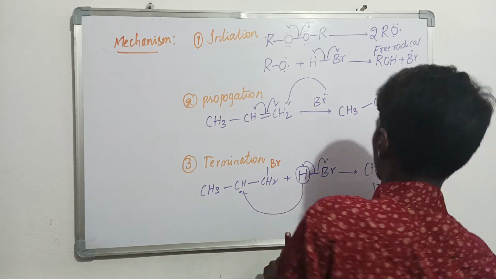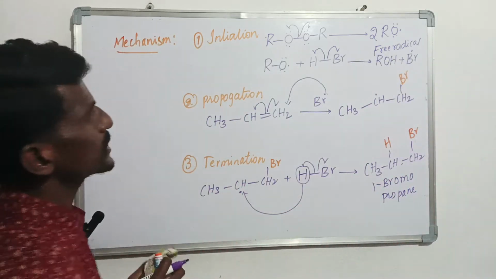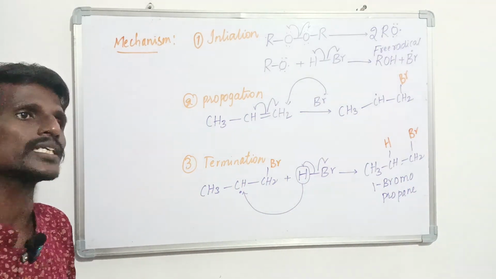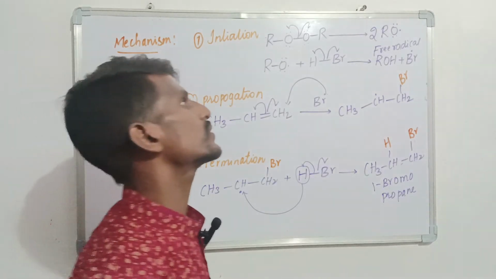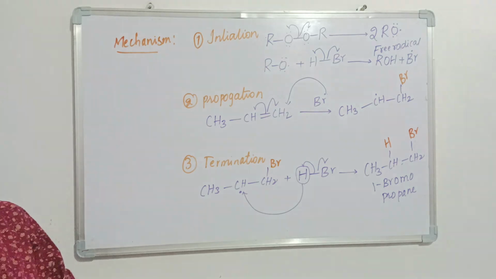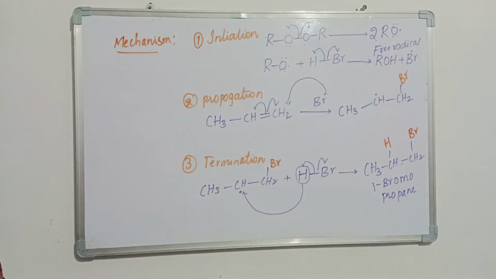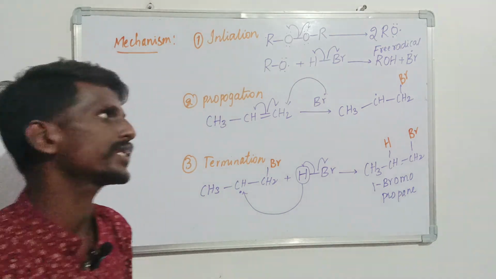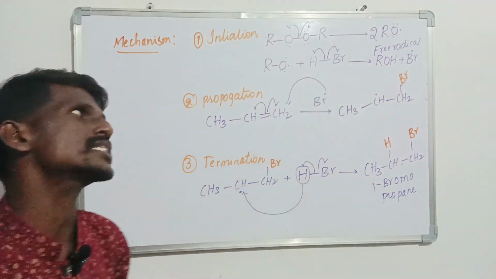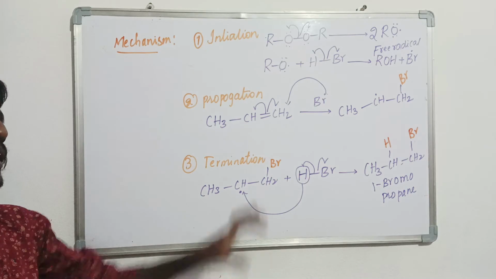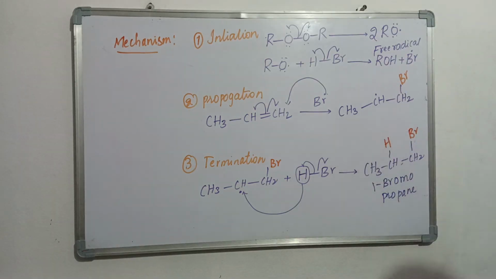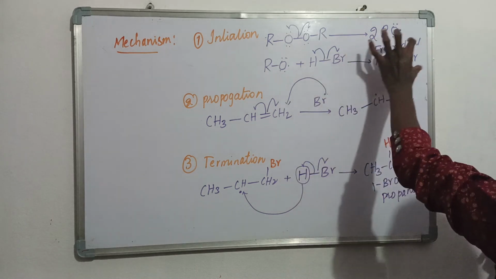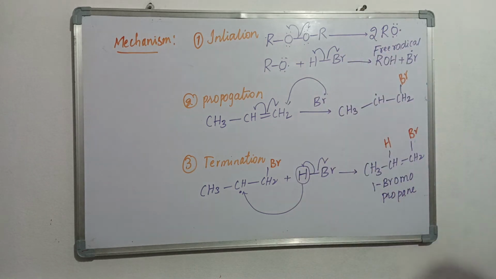So in the initiation step, dissociation of the peroxide takes place, which gives RO free radicals, the alkyl oxy free radicals. This alkyl oxy free radical captures the hydrogen atom by free radical reaction, and a bromide free radical is formed.